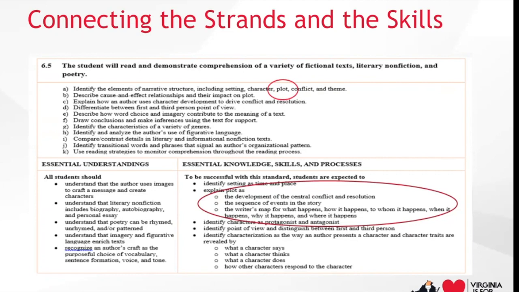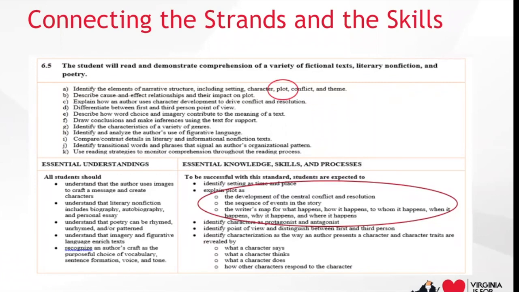So if I know that we're supposed to be teaching 6.5A, and students are going to have to be identifying the elements of narrative structure, and that's going to include setting, character, plot, conflict, and theme. And let's say we've decided to work just on plot at this point. So when we're planning together, we have to come down here to this essential knowledge, skills, and processes and look to see exactly what a sixth grader needs to know in terms of that particular part of plot.